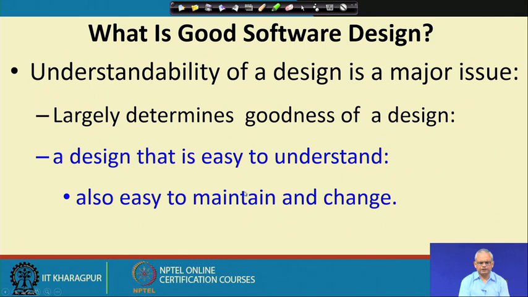And we had said that maintenance is a major concern, because the majority of the effort and cost is incurred in the maintenance work compared to the development work, or you can say that development work is a fraction of the maintenance work.